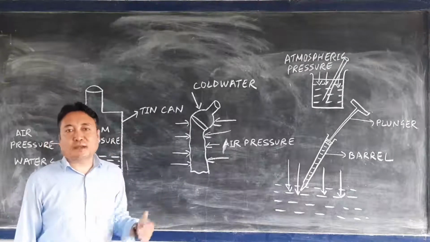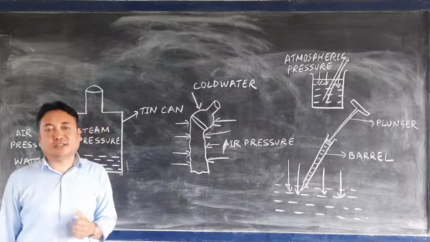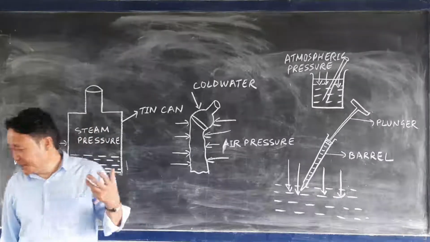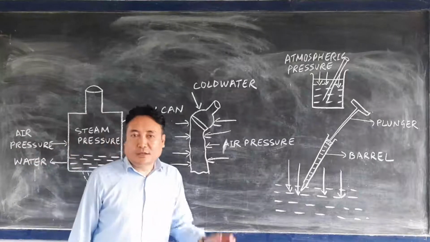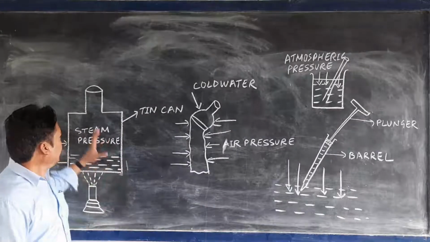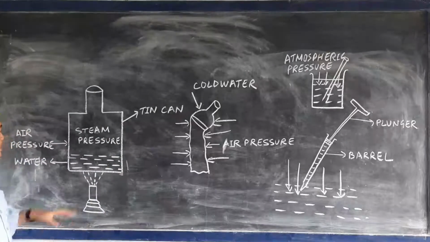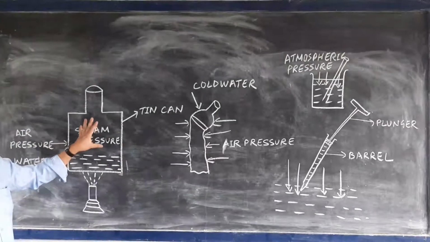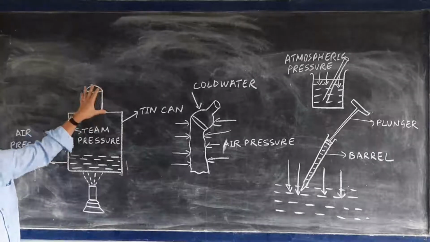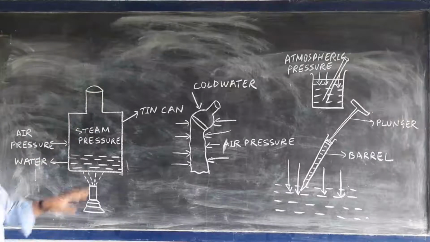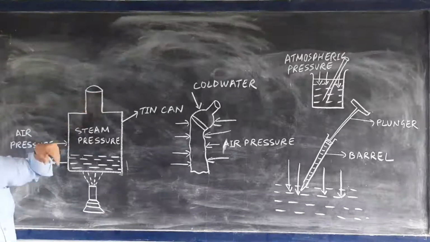Now, related to atmospheric pressure, there is one demonstration, the collapsing tin can experiment. Follow the diagram here: we take a tin can filled with some water, not the entire tin, maybe one-third or half, and the tin can is fitted with an airtight stopper, a cap.